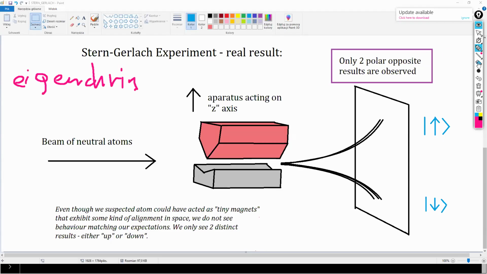At the beginning of the course, he has pretty much an excellent series of videos about spinors.